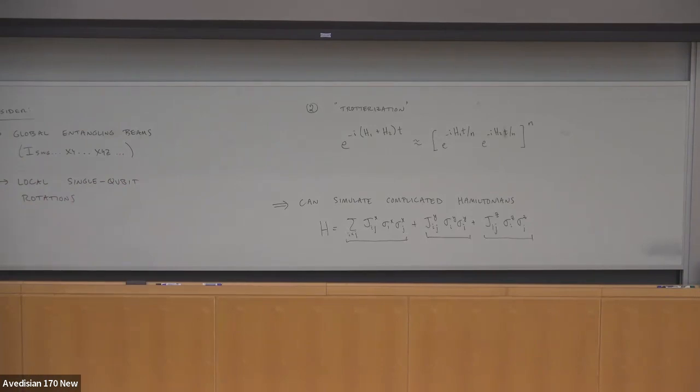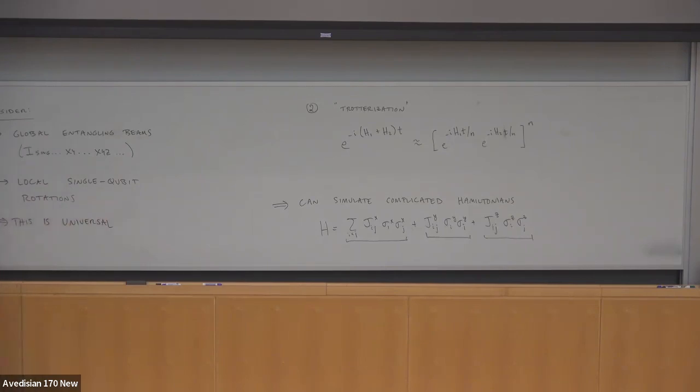We had global everything before. We now still allow for global everything, but we're also going to allow the ability to go into individual qubits and rotate one by itself. And that's it. And maybe surprisingly, at least to me, I think it's interesting that this is universal.